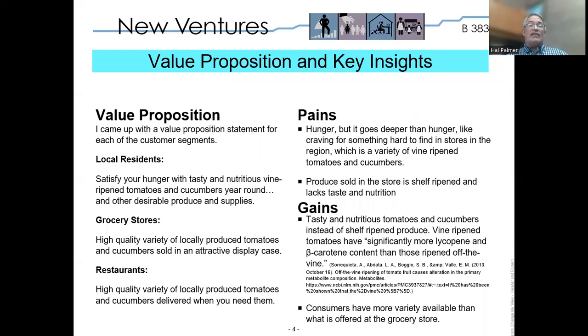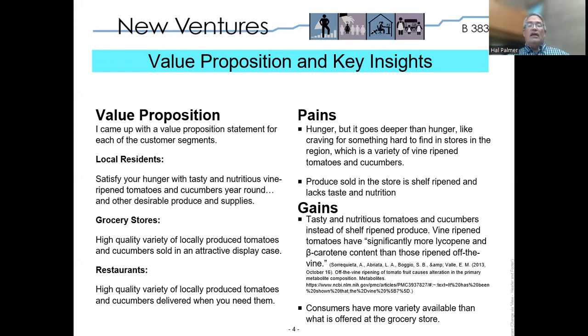One of the first things that I wanted to do is to formulate a value proposition statement. Because I have identified 3 different customer segments, which we'll talk about later, I prepared a value statement for each customer segment.